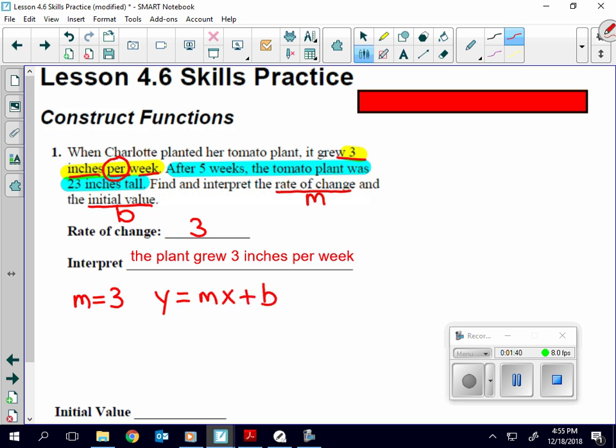It's also an equation. And we know we can find b by plugging in points. Let's see. I have, after 5 weeks, it's 23 inches tall. That is a point. This is 5, 23. Okay?